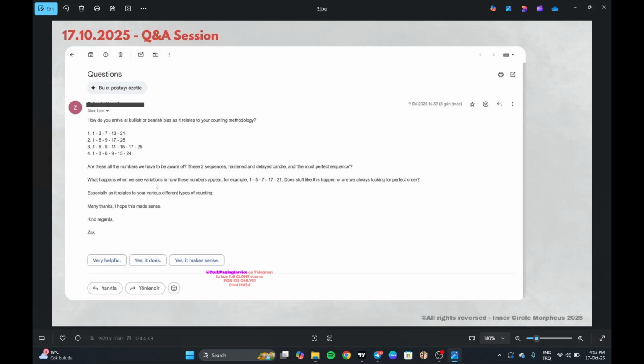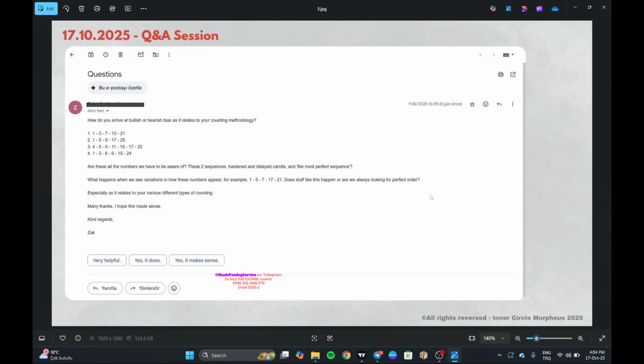What happens when we see variations in how these numbers appear? For example, 1, 5, 7, 17, 21. Does stuff like this happen, or are we always looking for perfect order? If the order is perfect, then time is expanding. So everything is countable, and your countings will have a high hit rate.